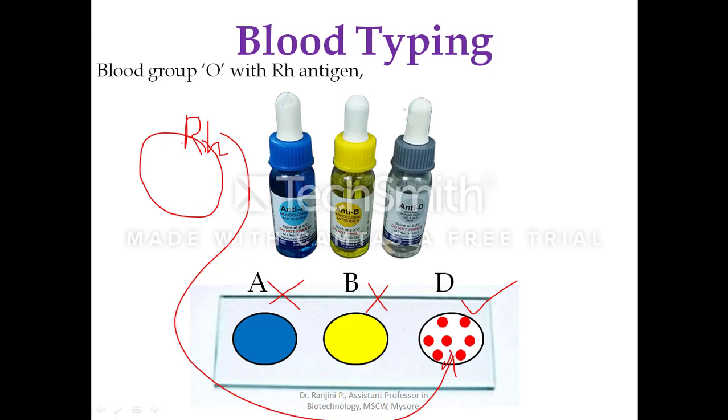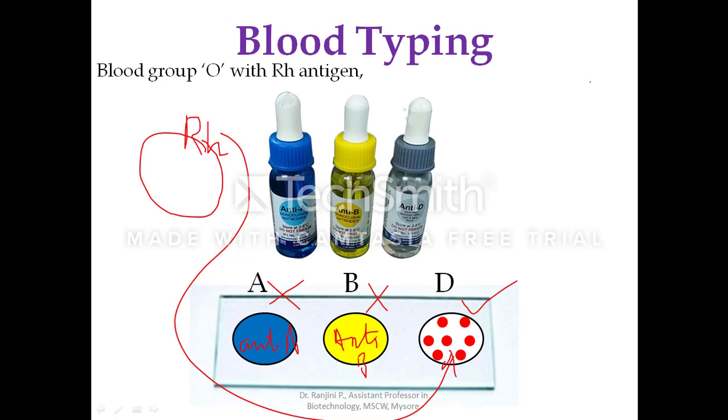Though these individuals will not carry A and B antigens, they carry anti-A and anti-B antibodies. But these antibodies will not interact with our antisera. It's only the antigen that interacts with the synthetic anti-A antisera.